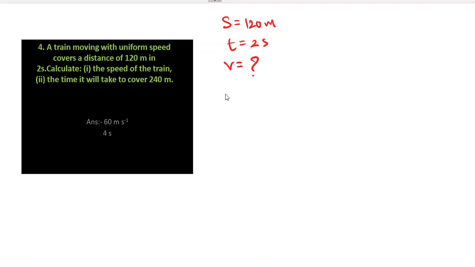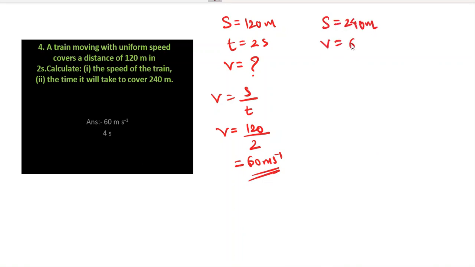Okay, so first we'll find the speed. Speed is equal to distance upon time. So 120 upon 2, which is basically 60 meters per second. Okay, now we have to find the time it will take to cover 240 meters. So distance is given, 240 meter.